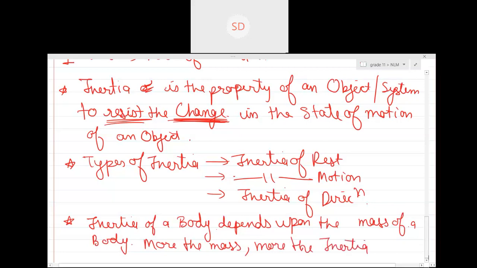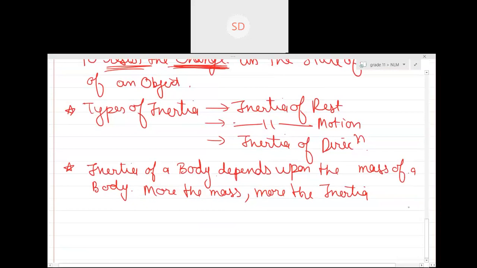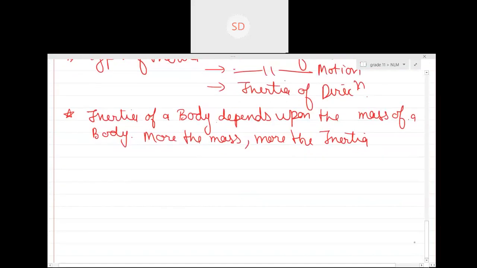Guys, please write along with me. So always remember, inertia of a body depends upon the mass of a body. More the mass, more will be the inertia.